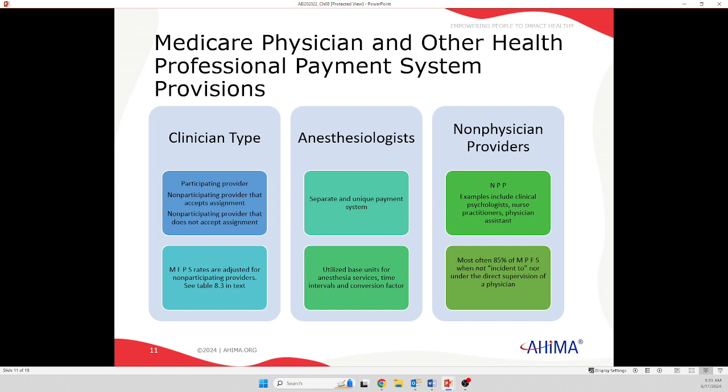Now, a non-participating provider is going to take that 5% deduction. They're going to get $38, which is the 80%, and the beneficiary will pay $9.50. That's the 20%. That non-PAR, non-accepting, remember, anywhere from 95 to 115. Medicare is not going to reimburse. And you can kind of see how they do the reimbursement there.